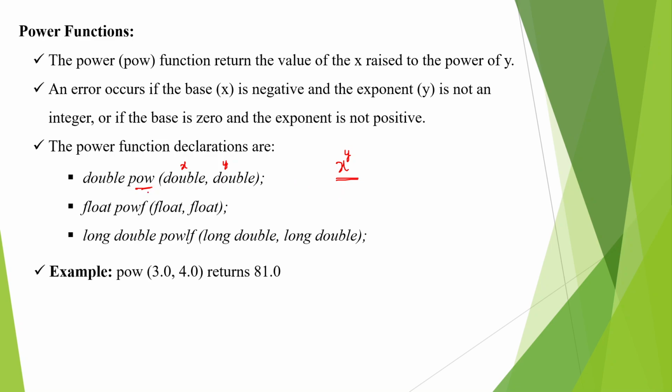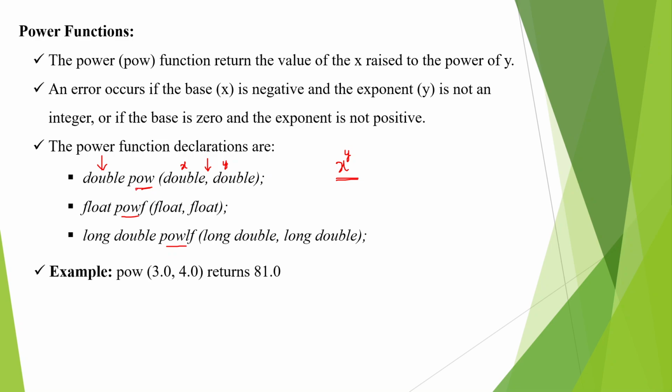With respect to floating points, we have regular power, we have power float, and we have power long double. Regular power will work with double types. As you can see, it takes two parameters, x and y, to calculate x power y, and returns a single value, the resultant value.